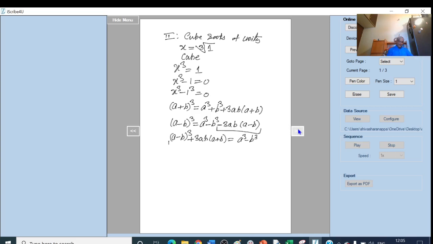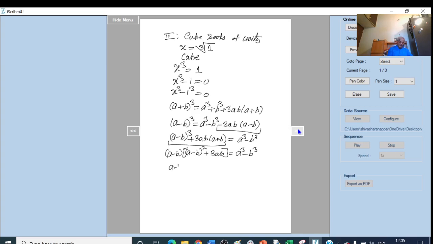Okay. And here in these two terms, we have a minus b as a common factor. What remains here is, in the first term, a minus b whole square plus 3ab is equal to a cube minus b cube.